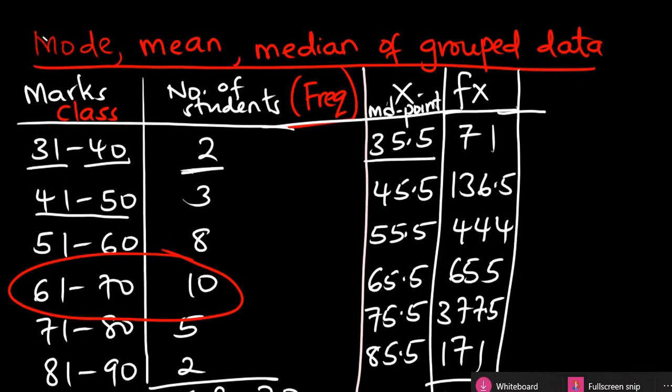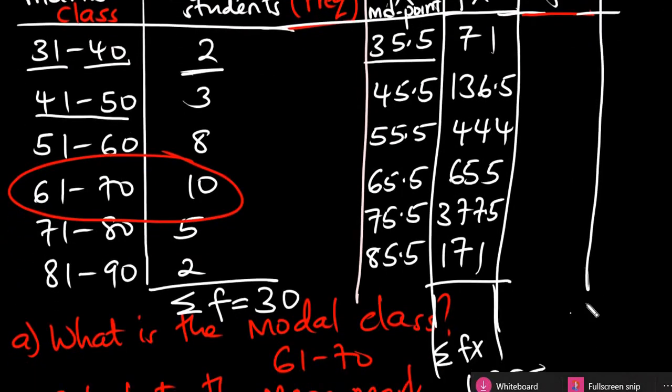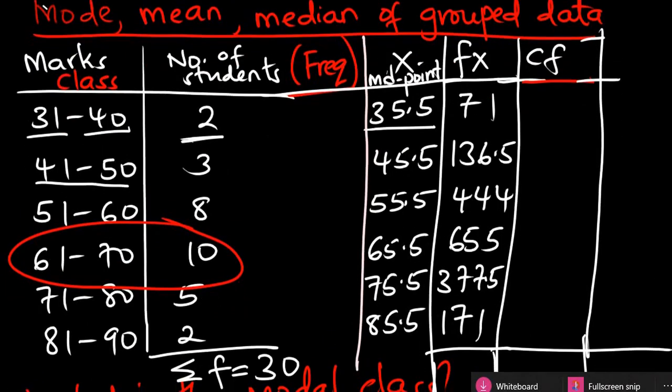And the way we are going to arrange them, we're going to use something known as cumulative frequency. I'm going to show you how we're going to use it. In the first class, there are two students. Then for the second class we have 3 students.